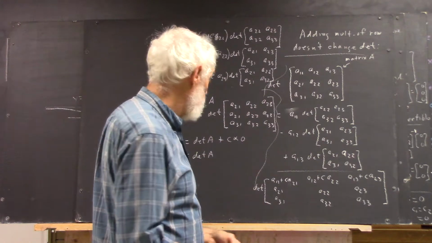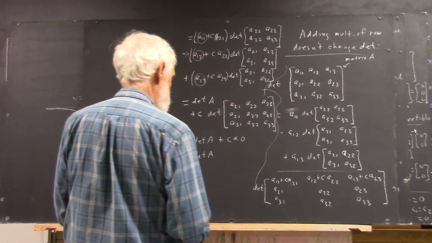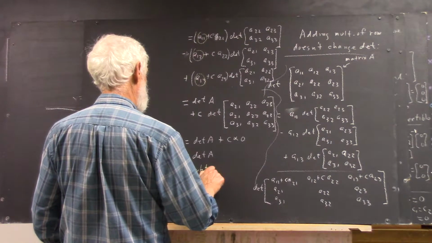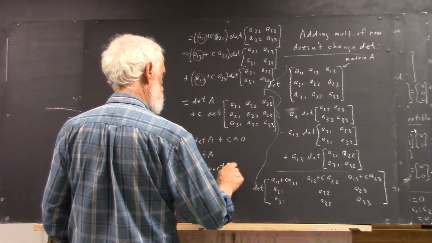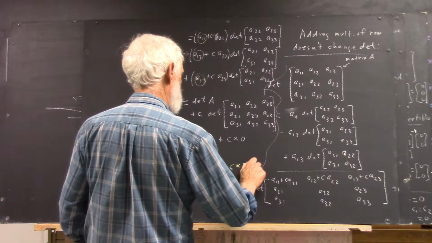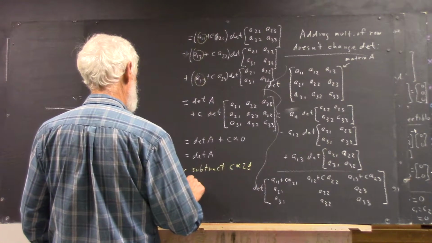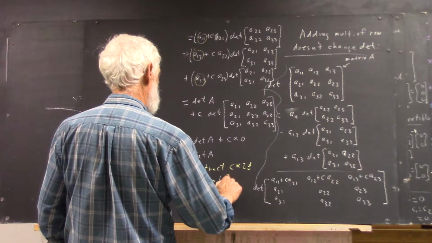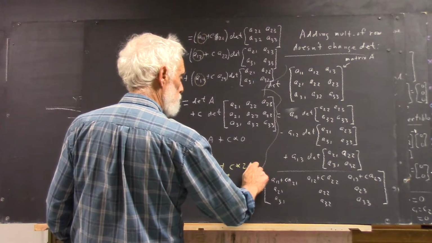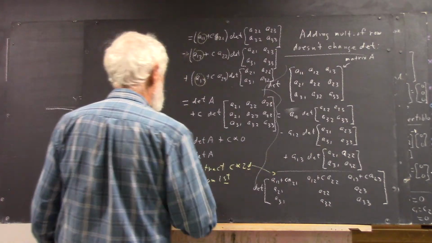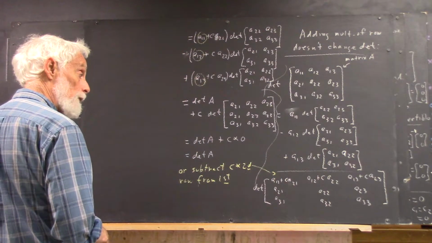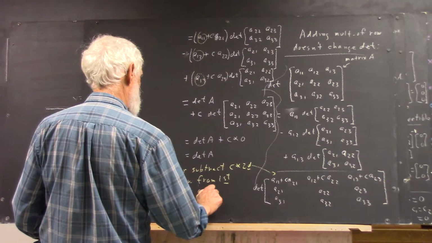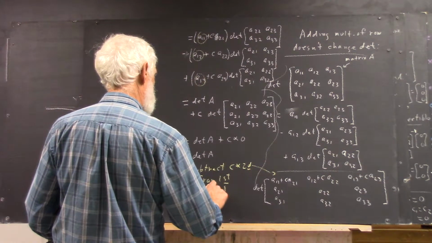So even more directly, with this matrix, we subtract C times the second row from the first, and we get the original matrix.